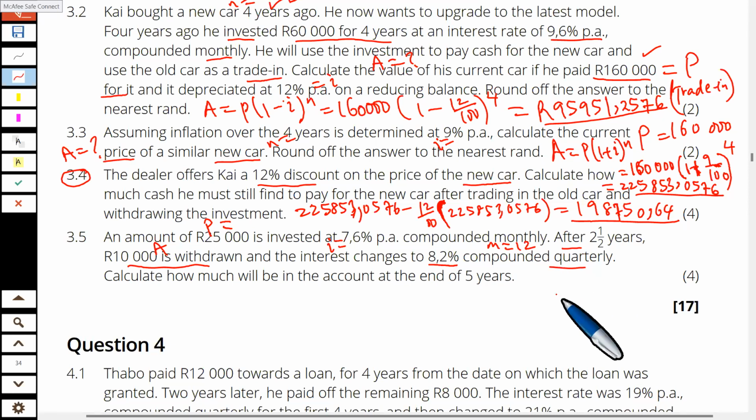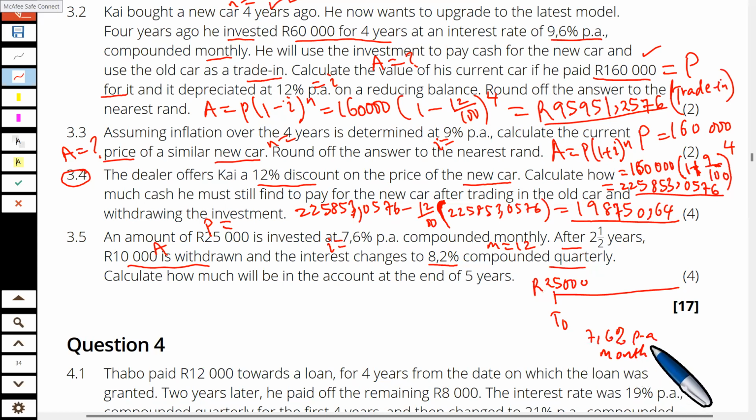Right, you can draw a small timeline, in say time 0. The amount of 25,000 is deposited so that you can think clearly with the timeline. The amount of 25,000 is invested at the rate of 7.6% per annum, but it's compounded monthly.